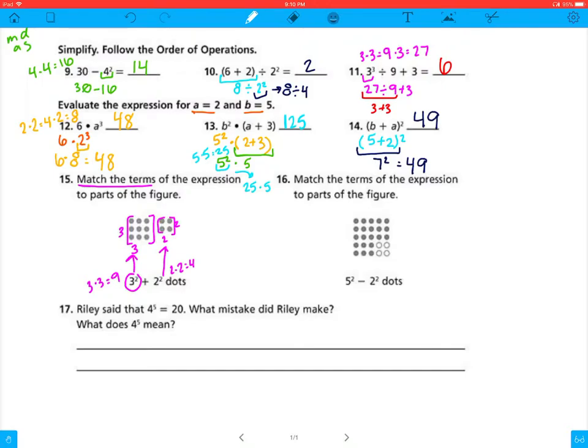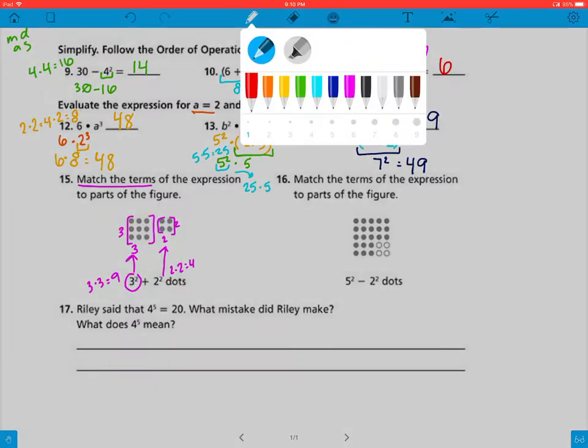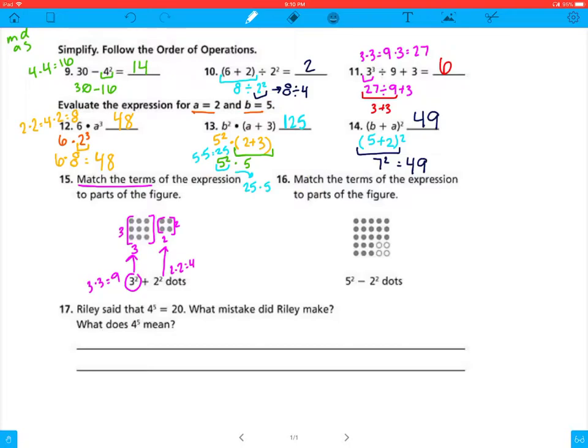Number 16 is a little bit different because we're using subtraction. Oof. So with number 15 we were adding, number 16 we're subtracting. So when I do 5 squared, remember that's like saying 5 multiplied by 5, which is 25, which is the total number of dots, whether they are black or white. That's the total number.